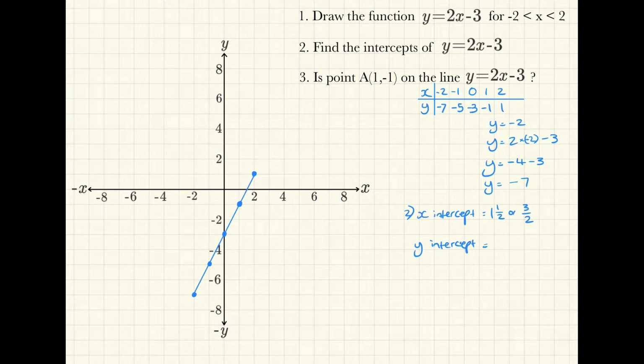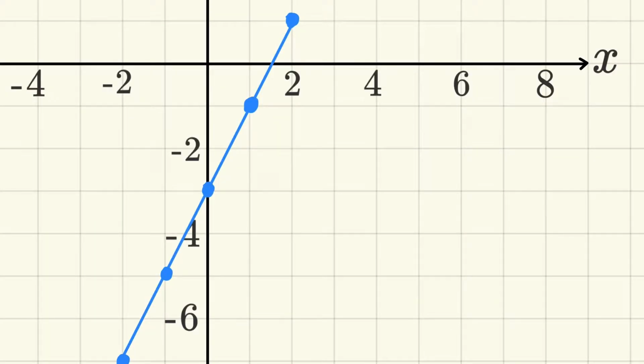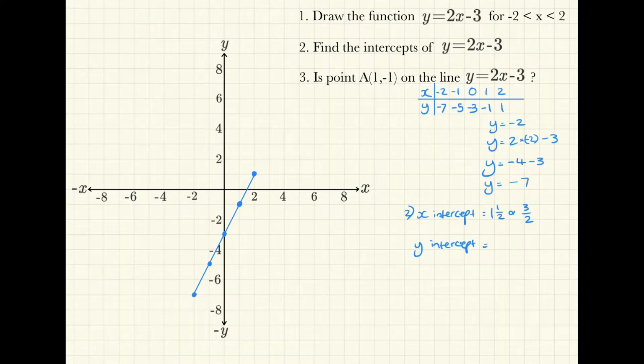Our y-intercept is equal to where the line crosses the y-axis, and that's right here. And luckily we had a coordinate for that, and that's obviously -3. All right, so let's go ahead and move on to question 3.